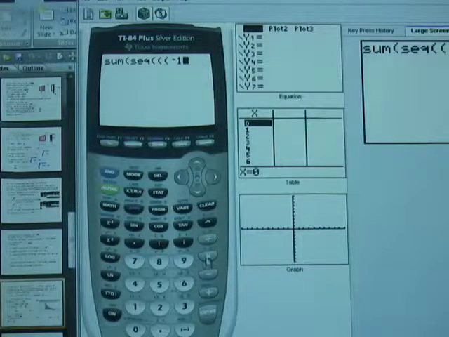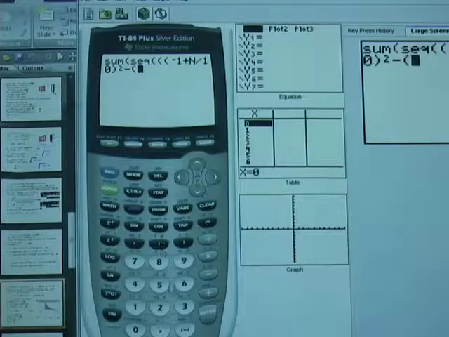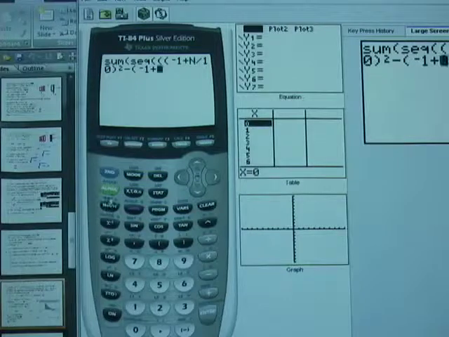Negative 1 plus, in place of i we use n, alpha log, negative 1 plus n over 10, n divided by 10, and close that parenthesis, and raise that to the power of 2, squared, minus parenthesis negative 1 plus n over 10, parenthesis closed, raise it to the power 3.